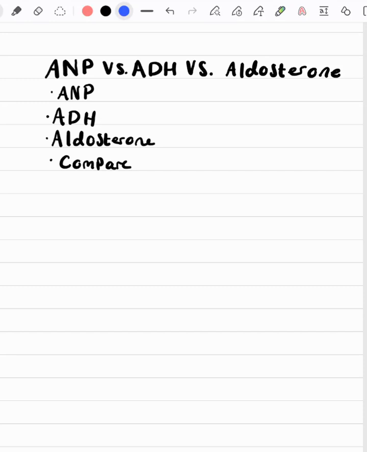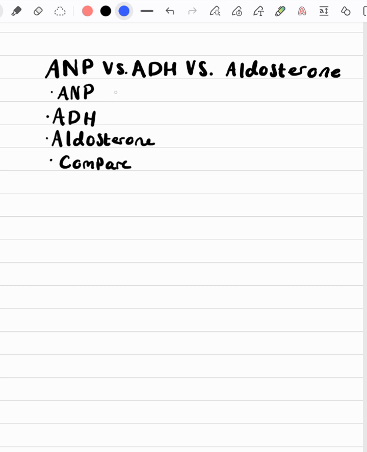Studying for my ANP2 fourth exam, and so I keep coming across ANP versus ADH versus aldosterone. So I was trying to figure out what are these, and what do they do, and what are their differences.